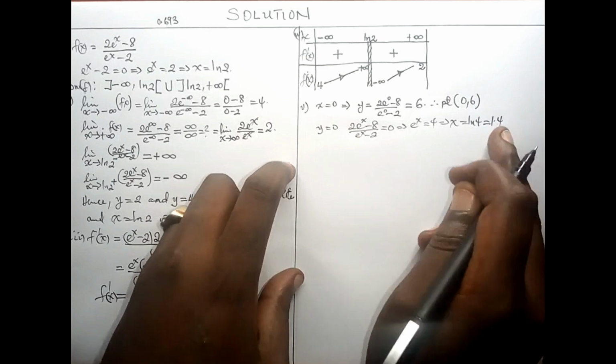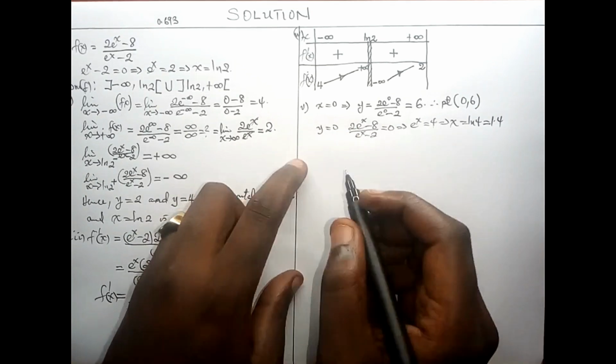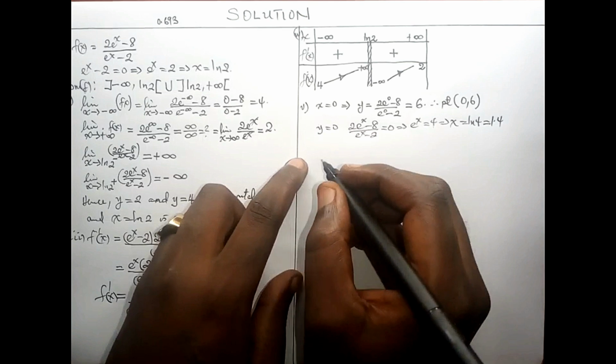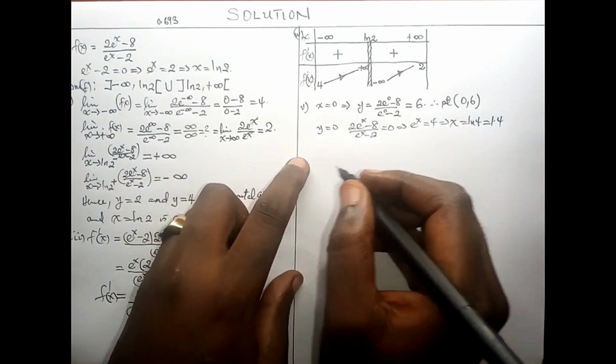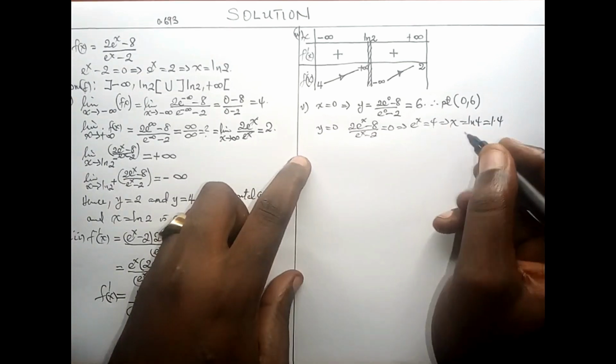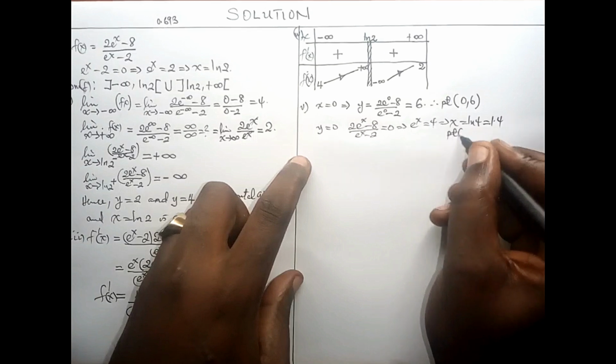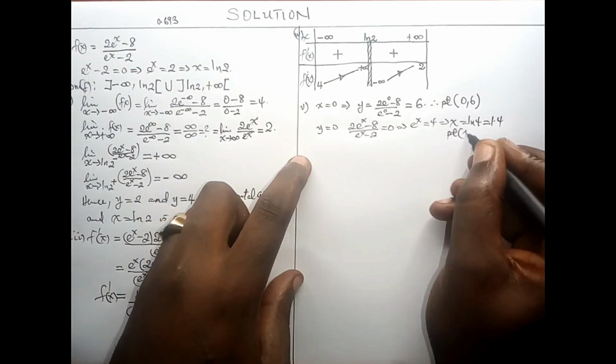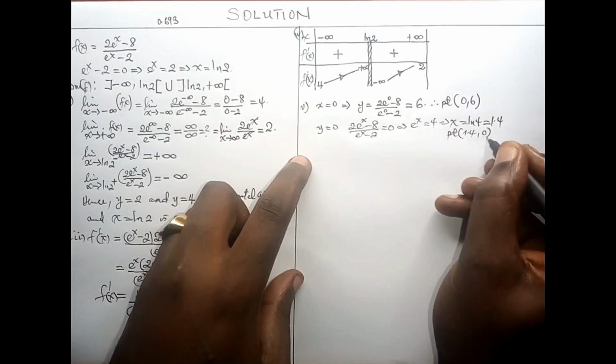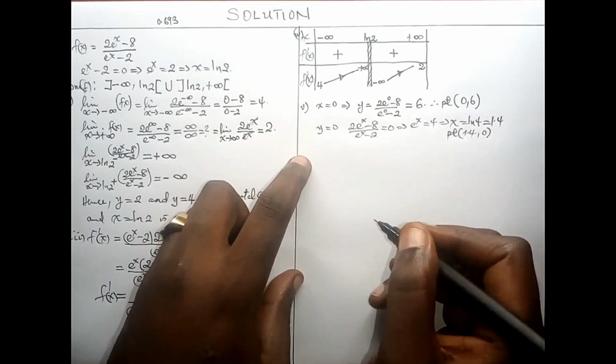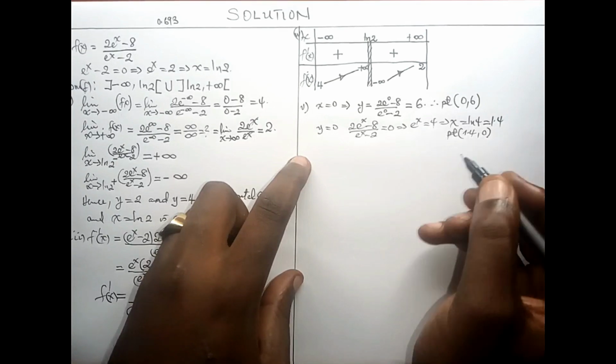We need the value at least to locate on the graph when we are sketching. Okay, that answers Roman 5. We have again the point: 1.4 for x and 0 for y. So that is where the graph cuts the x-axis.